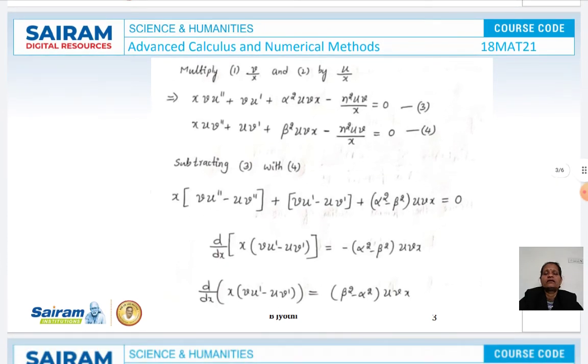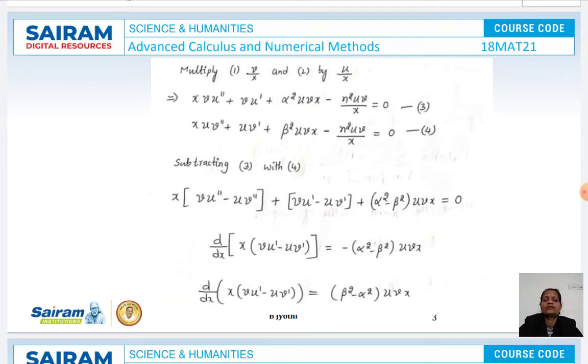Multiply equation 1 with v by x and 2 with u by x, which implies x into v u double dash plus v u dash plus alpha square uvx minus n square uv by x is equal to 0. Let's call this equation number 3.